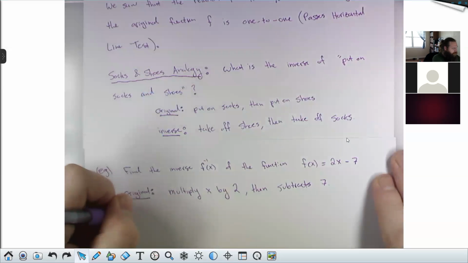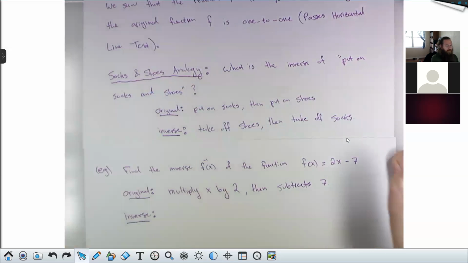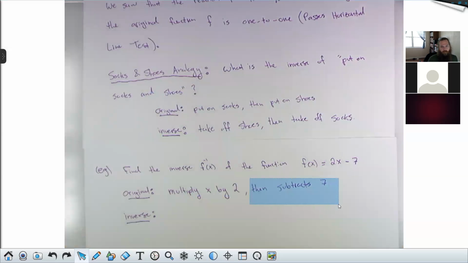What would the inverse function do here? The original multiplies by 2, then subtracts 7. So we need to undo each of these operations. To undo the subtract 7, you add 7. To undo multiply by 2, you divide by 2. So the two operations that are going to go down here are going to be divide by 2 and add 7.